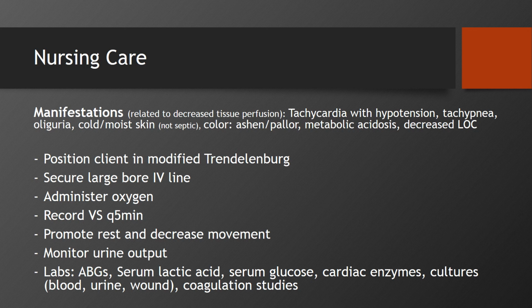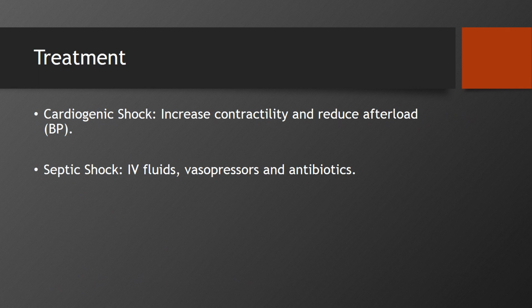So now on to the treatments. For cardiogenic shock, you're going to focus on increasing the contractility and reducing the afterload. I know we didn't talk much about afterload just yet, but I will be talking more about it in the valve lecture, okay?